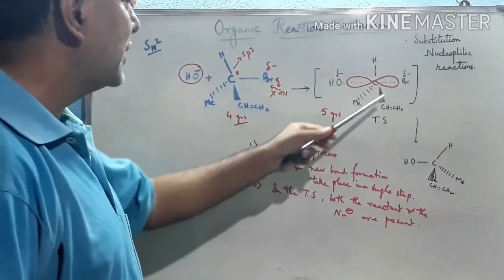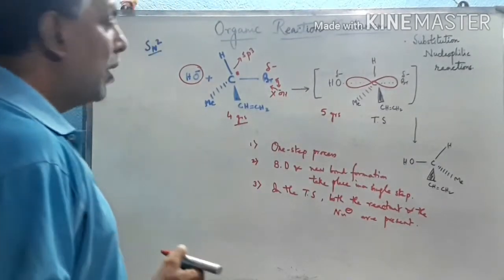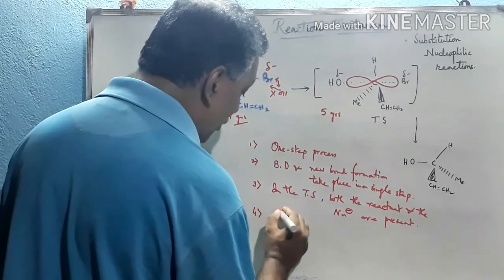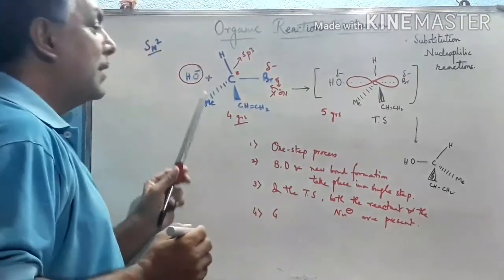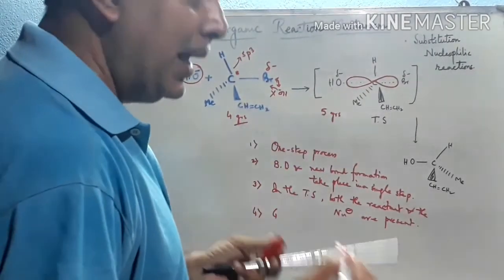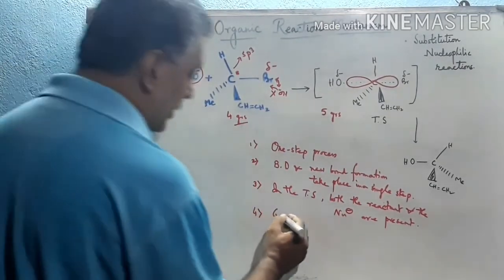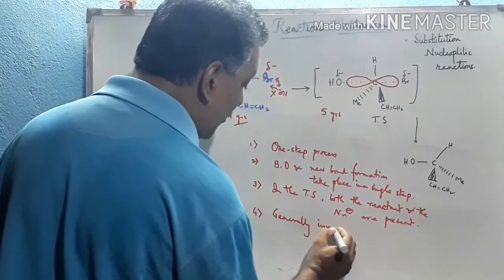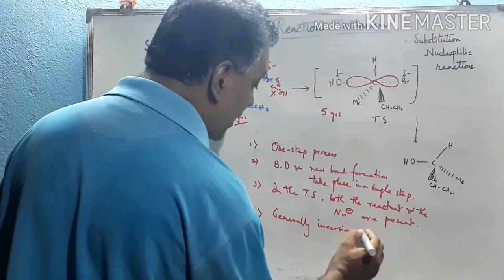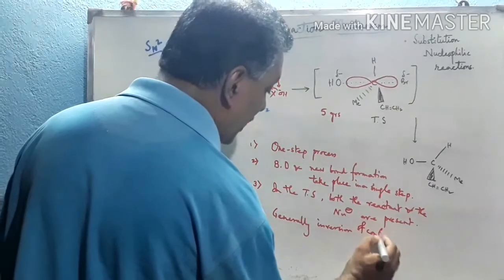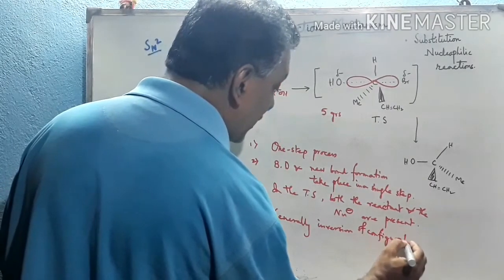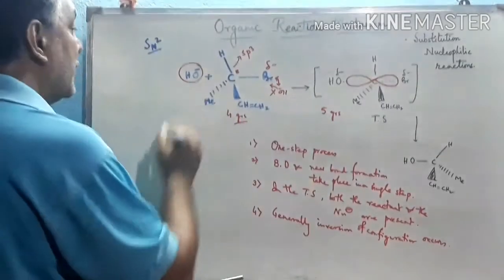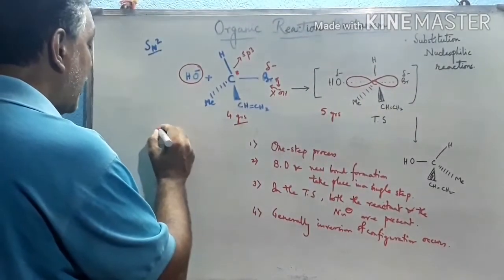After the conversion of the reactant to the product, generally inversion of configuration occurs. Suppose it is R, then it becomes S. This reaction occurs only where the carbon atom is 1 degree.